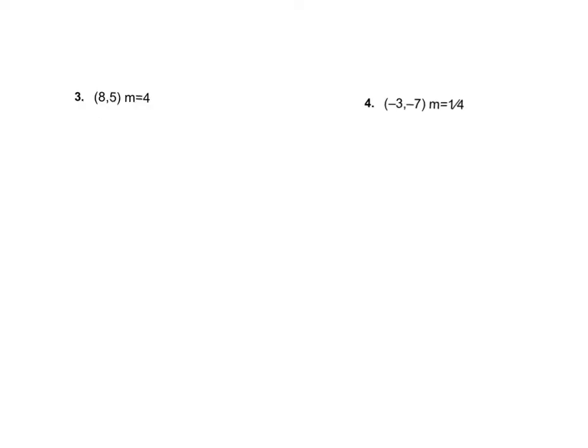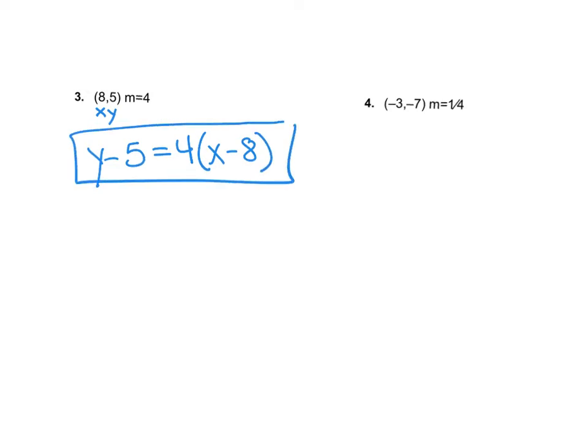All right, number 3. So I have a slope of 4 and a point of 8, 5, x, y. All right, so we have y minus y1, which is 5, is equal to our slope times x minus that x1, which is 8. And that is in point-slope form. Number 4, we'll do it again.